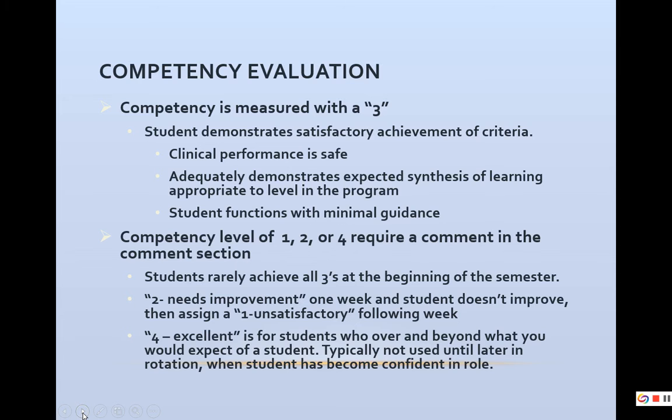And an unsatisfactory carries more weight, I guess, than a 2 because it shows that the growth isn't happening. And so that's an area then that we need to discuss with the student and make a plan for rectifying.